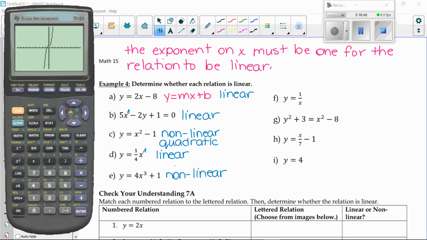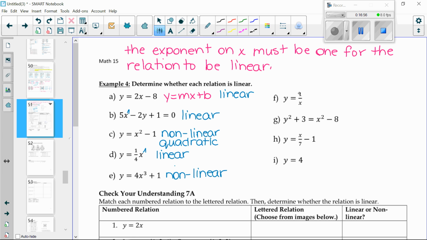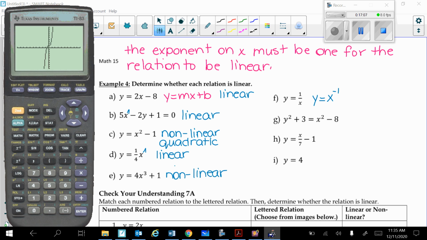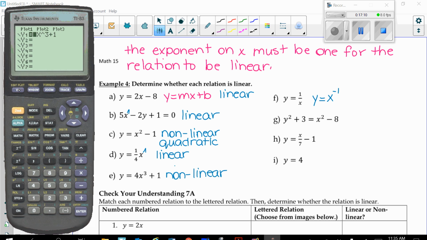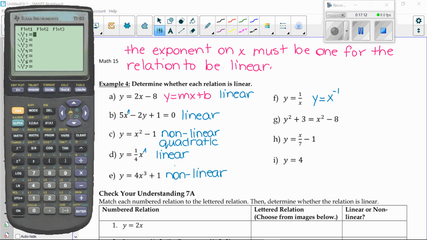What about this one? Y equals 1 over x. Well, it looks like the exponent on the x is negative, but what we actually have is y equals x to the power of negative 1. I'll prove it to you. I'm going to graph it. I've got 1 divided by x. Graph.